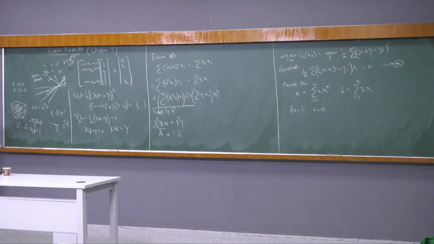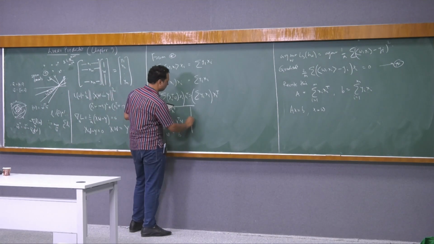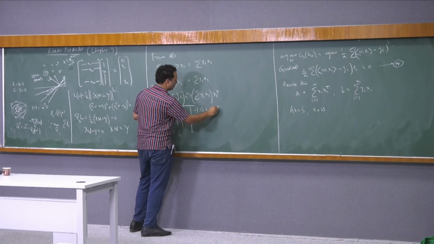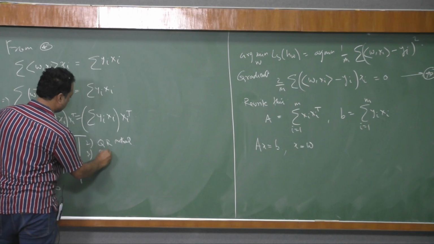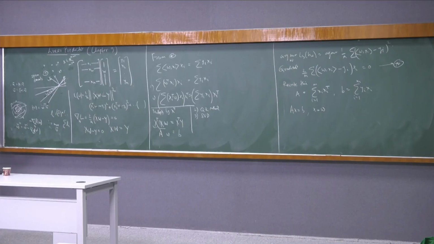There are many other methods to solve such problems, like the QR method and SVD, but that's a linear algebra topic. We derived the starred equation, and it was convenient for us to use matrices, and we arrive at the same thing.